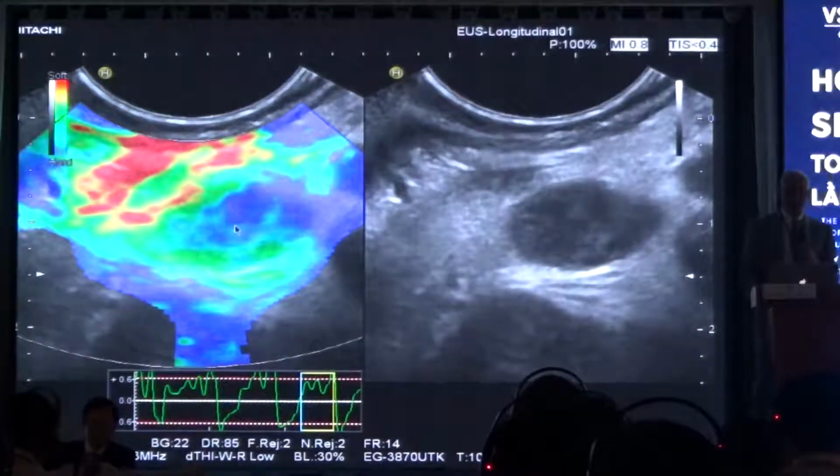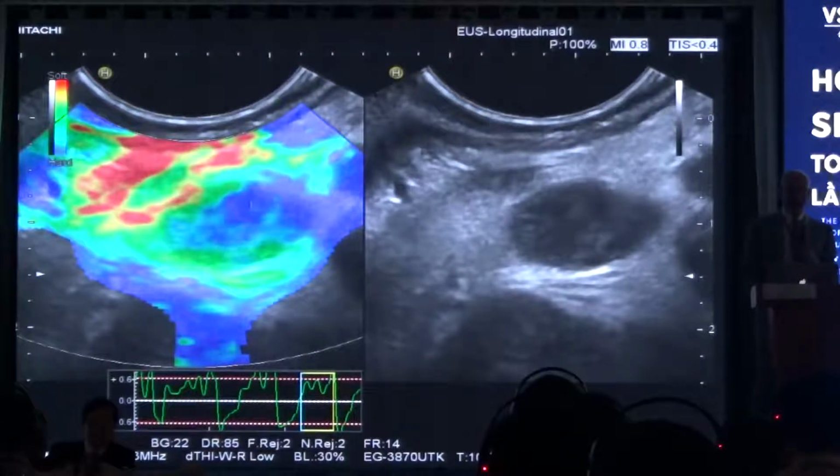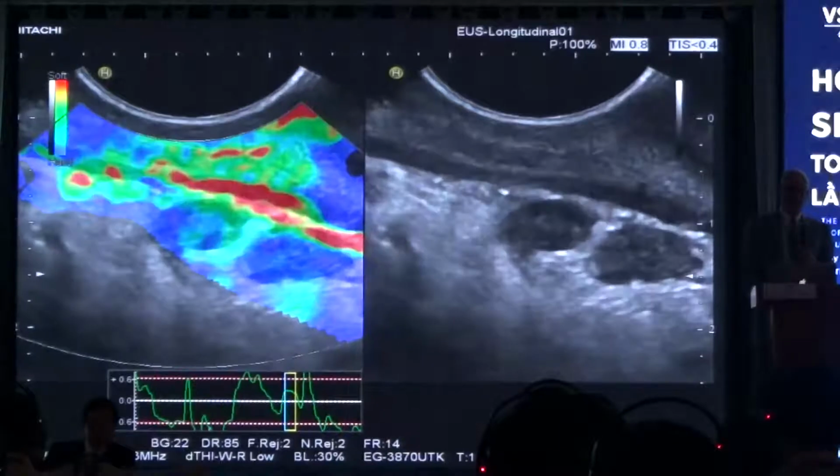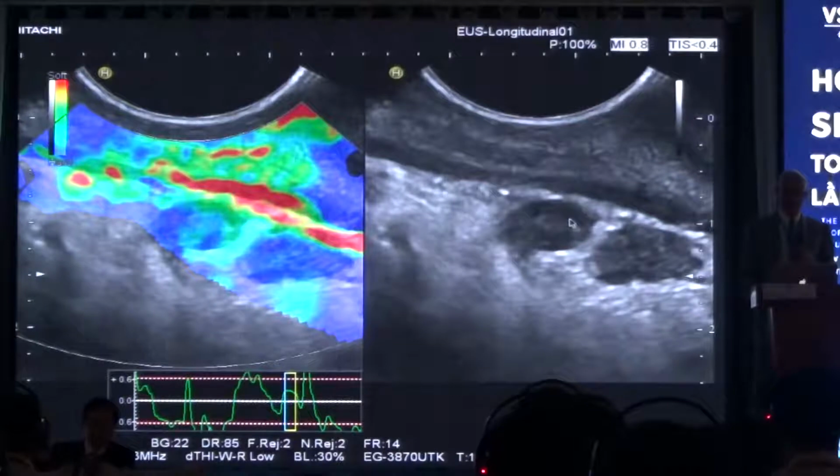Another example, here you can see where to put the needle in this lymph node. B mode might not really allow you to guide the needle direction. Two lymph nodes. You insert the needle in this lymph node because it's diffusely stiff.